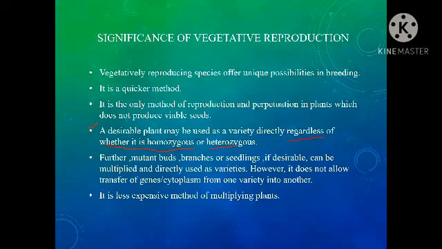Further, mutant buds, branches, or seedlings, if desirable, can be multiplied and used directly as varieties. However, it does not allow transfer of genes or cytoplasm from one variety into another. It is a less expensive method of multiplying plants.